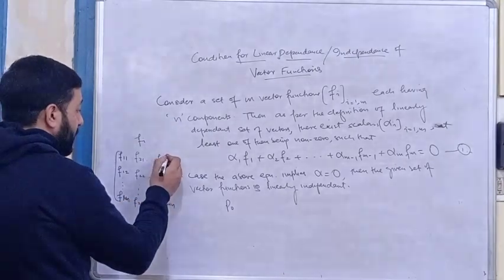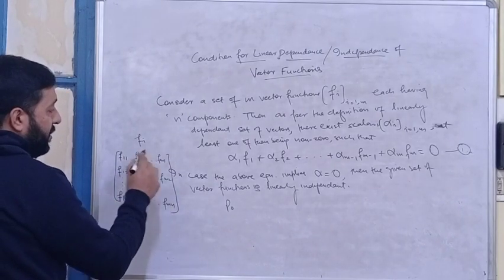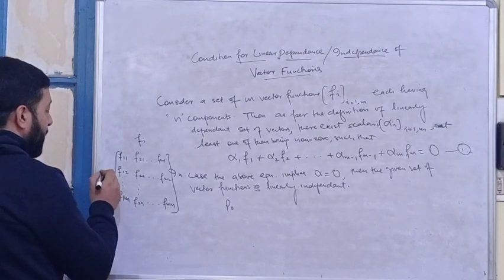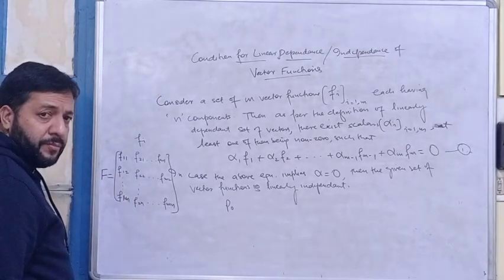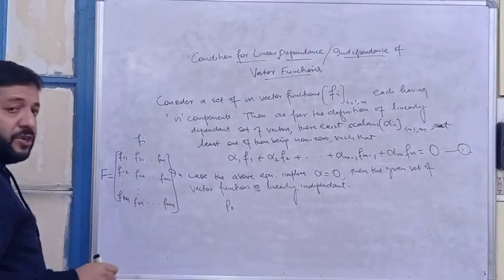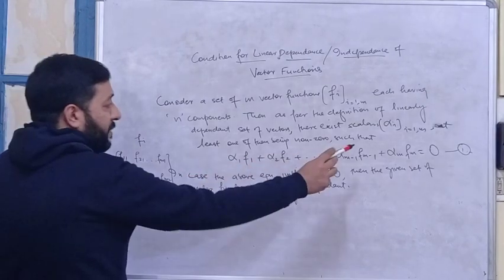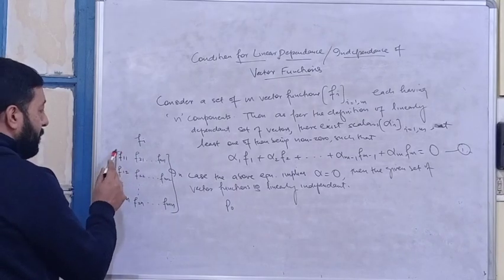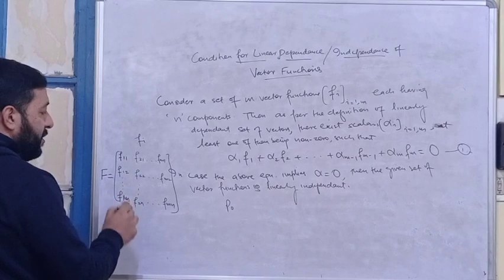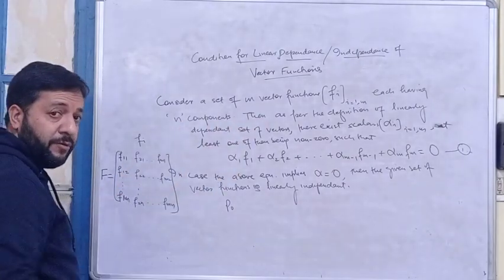These are n components, and we wrote the components in a matrix form. So it becomes a matrix like this, the F matrix, in which we wrote the components of the individual vector functions. When I write this equation, I am multiplying this vector by alpha 1, this by alpha 2, this one by alpha m, adding them up and putting it equal to 0.